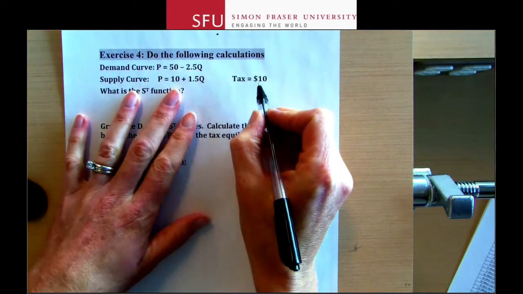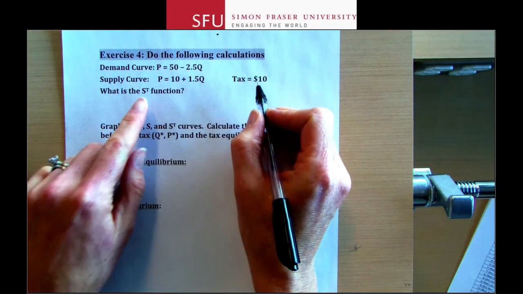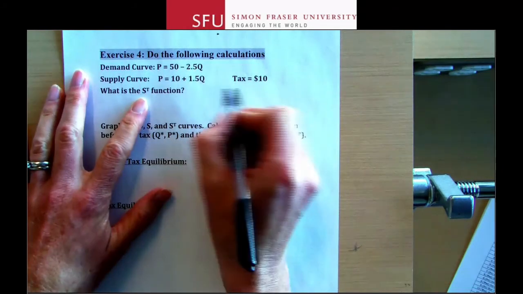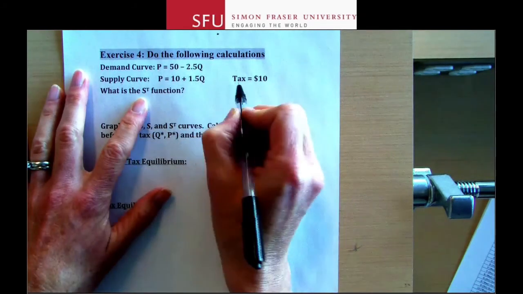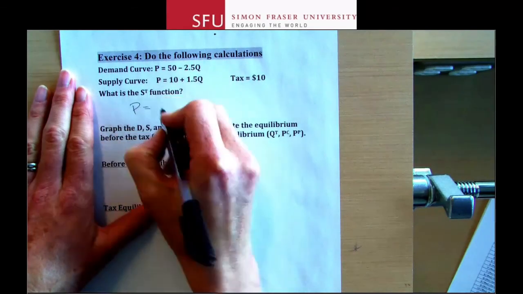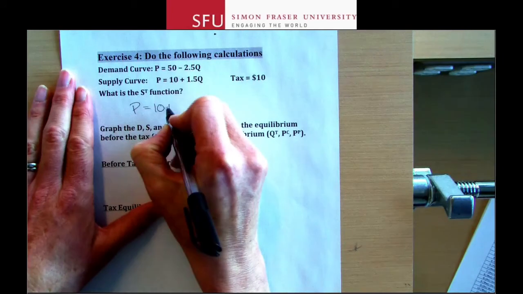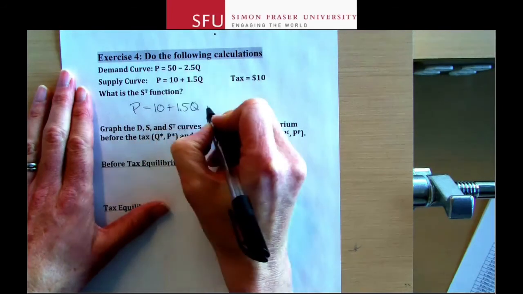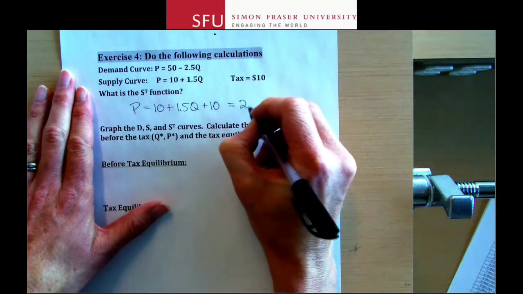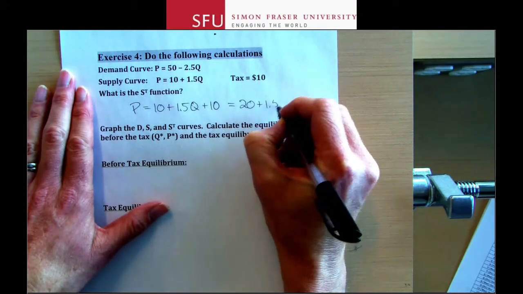First thing is to figure out what is the new function for the ST curve. What we do is we add the tax to the supply function. So our new function will be 20 plus 1.5Q.